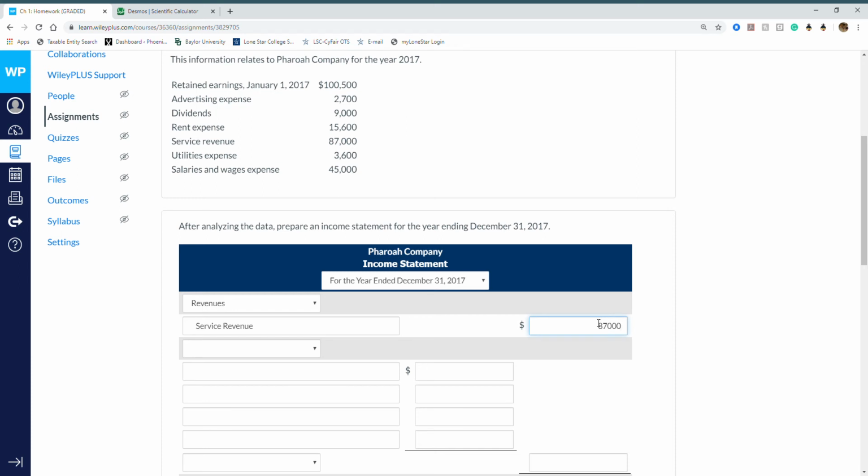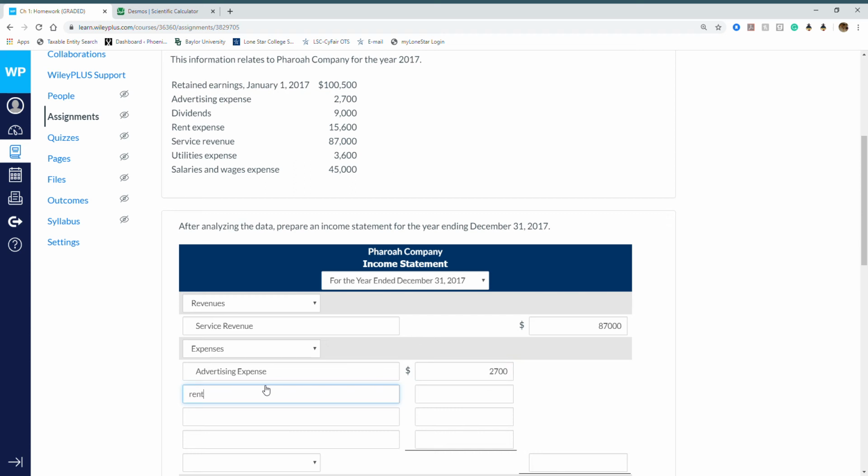If we have 2 or more, we have to do total revenues. Again, just showing that we added them together. Same thing that's happening with the expenses. Okay, so we just list them out. So advertising's first. Whoop. That was $2,700.